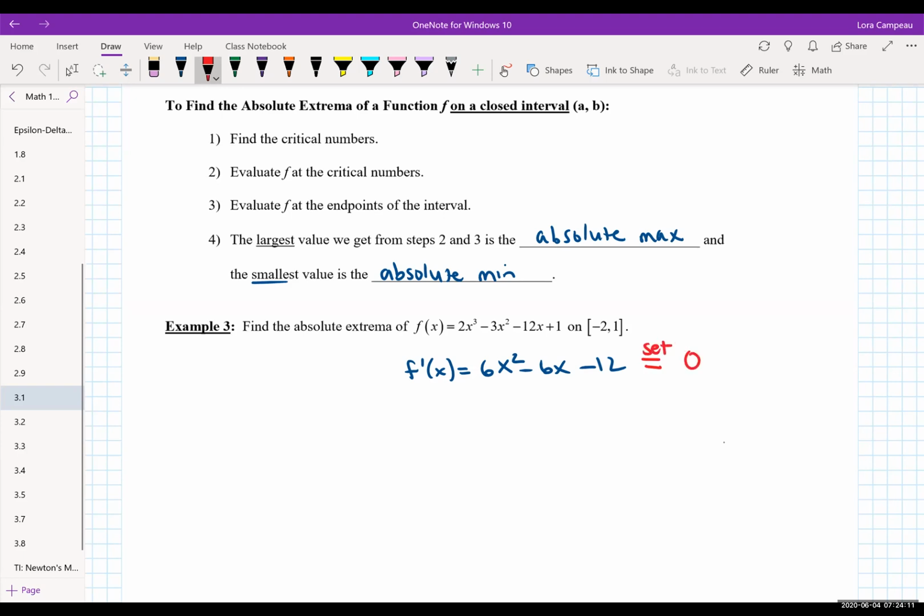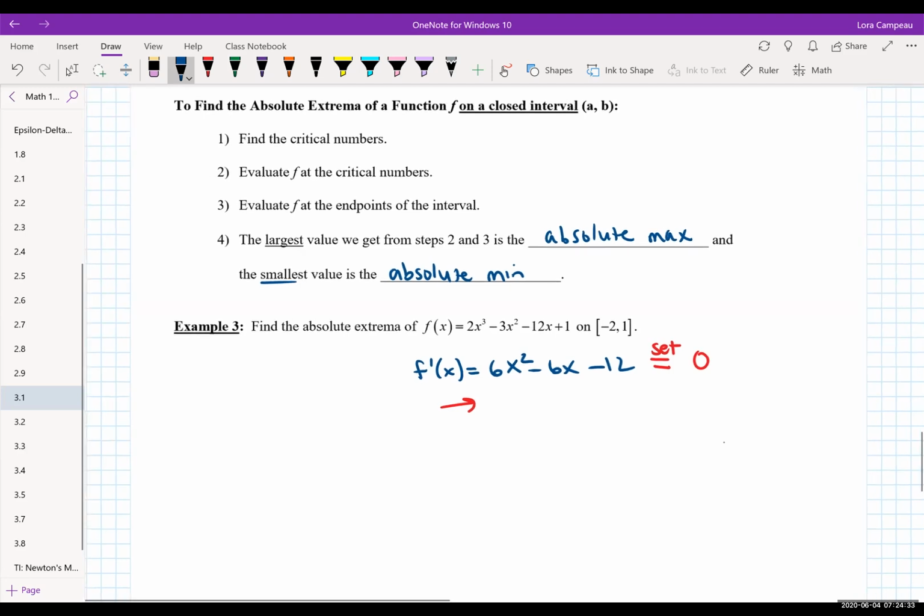We will set it equal to 0 and see if we can find those corresponding x values. So when I look at it, it's a nice trinomial with a degree of 2. And see if I can factor it. Sometimes that makes my life easier. If you don't like factoring, then there is the quadratic formula you can bring back to life. But I'm kind of happy here because I do see a 6.